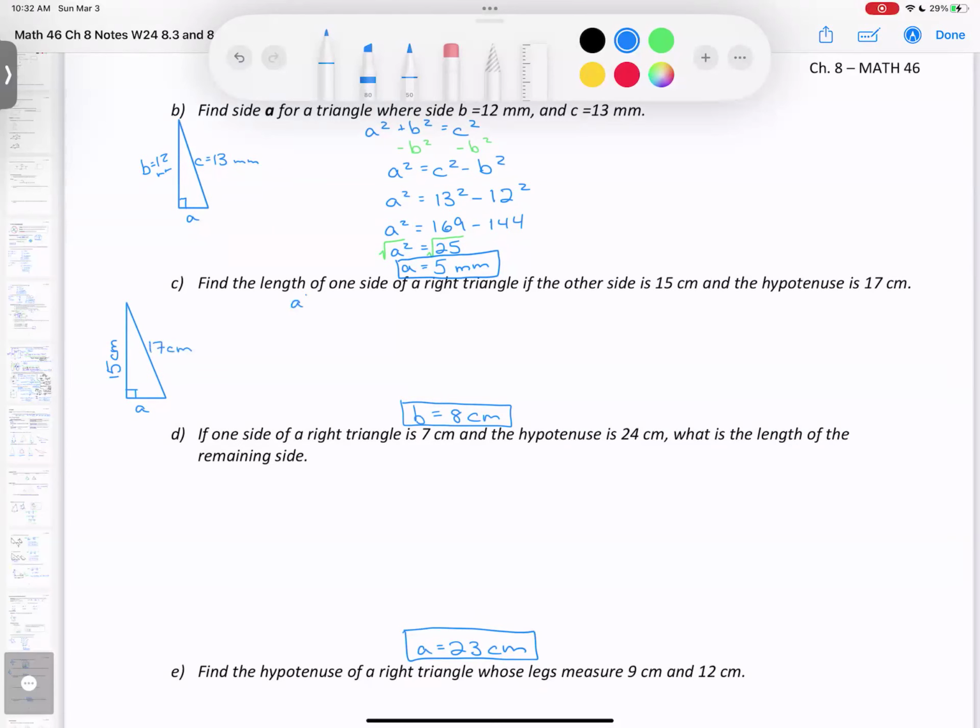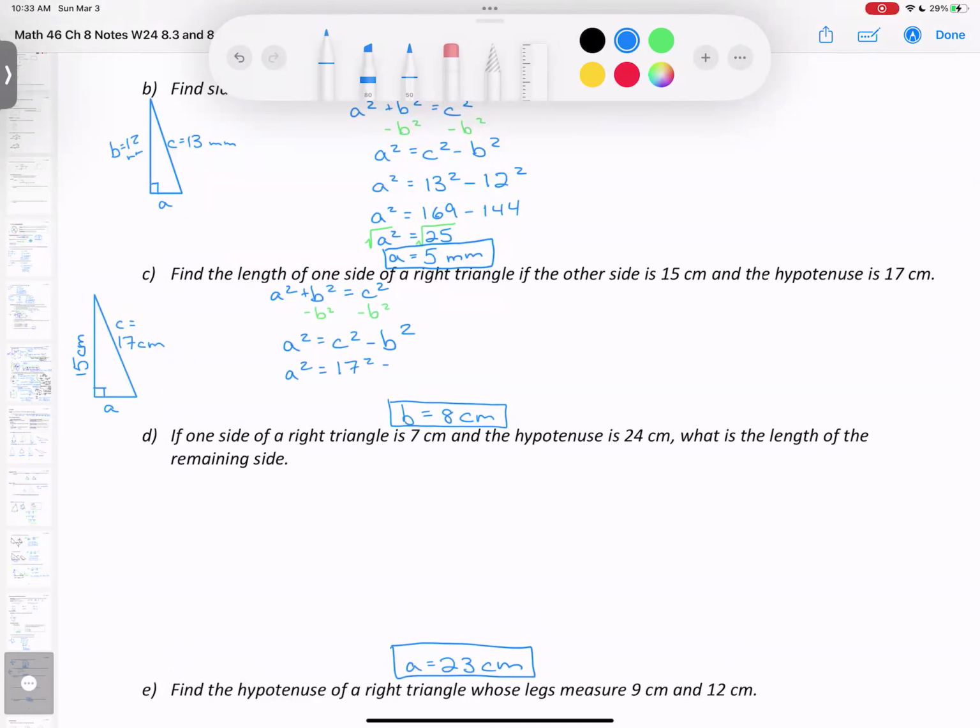So we know A squared plus B squared equals C squared. We're trying to solve for A, so I'm going to subtract B squared from both sides of this equation so that I have A kind of on its own on one side. So now I've got A squared equals C squared minus B squared. Okay, so A squared equals C is our hypotenuse. That's our 17.